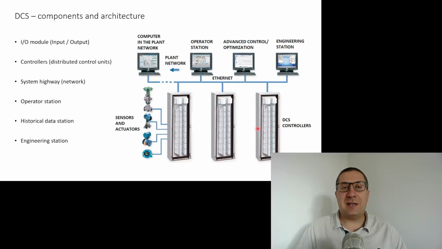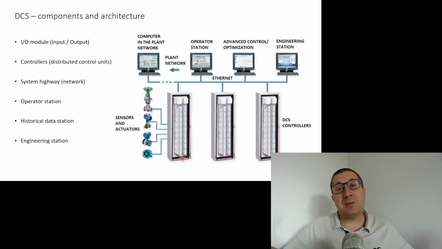Here you can see the components of a DCS system. So we have those cabinets. In each cabinet you will find controllers and IO input-output modules. The sensors and actuators are connected to those IO modules. There is a network that connects all the controllers and all the operator stations, engineering stations, sometimes other computers in the plant network that use the information from the DCS.